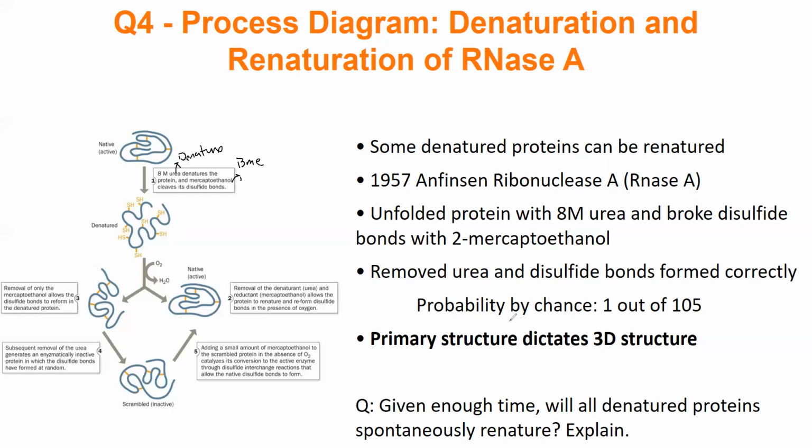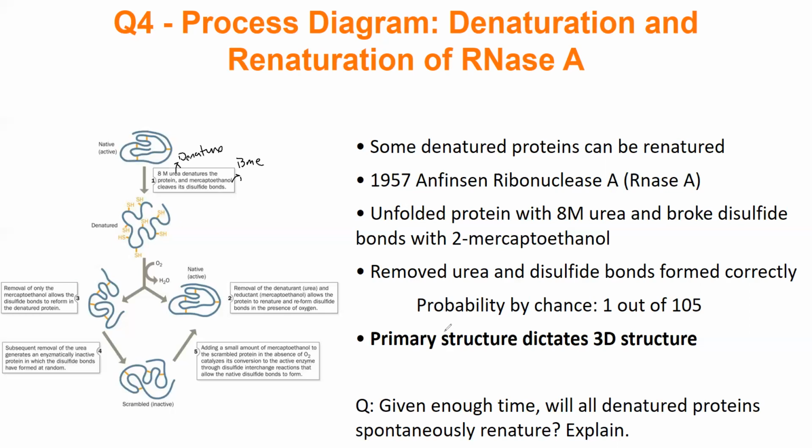And this happening by chance is 1 out of 105, because there were apparently 105 different combinations the disulfide bonds could form. However, every single time he did this experiment, the protein refolded correctly and all the disulfide bonds reformed.